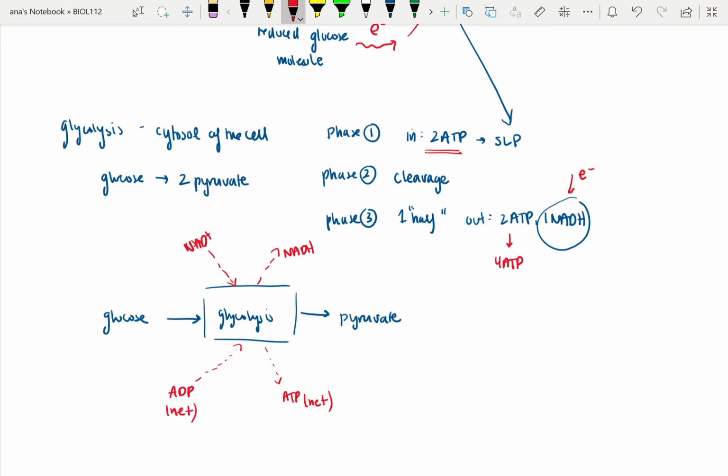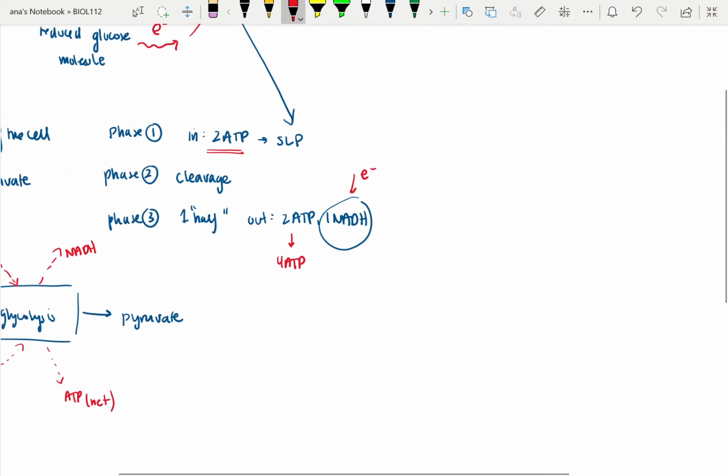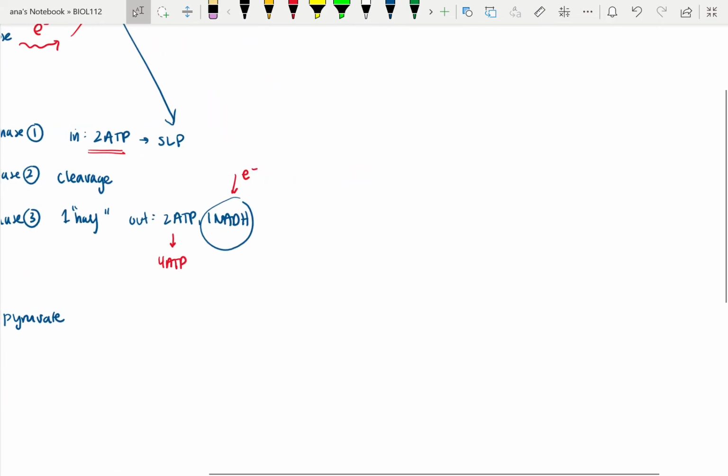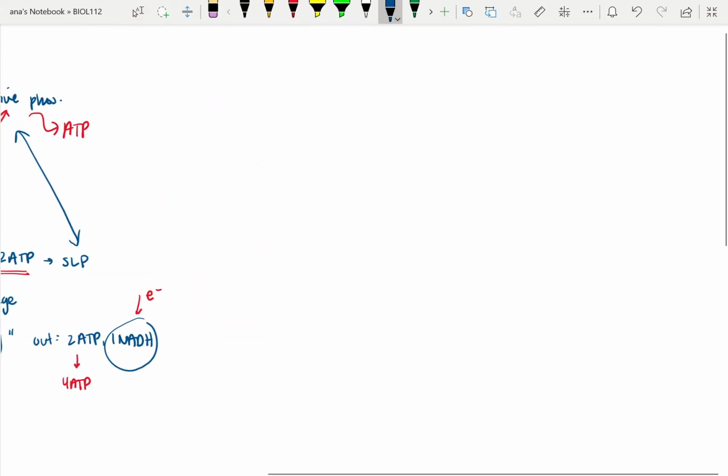Now I'm going to go through pyruvate processing. Pyruvate is the output of glycolysis, and it now occurs inside the mitochondria.